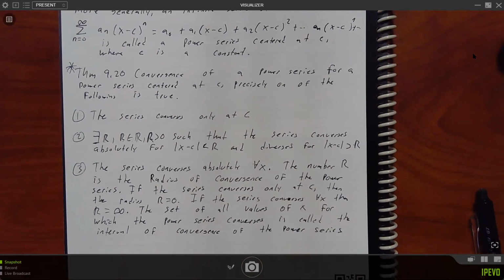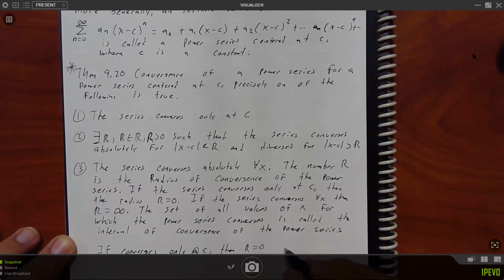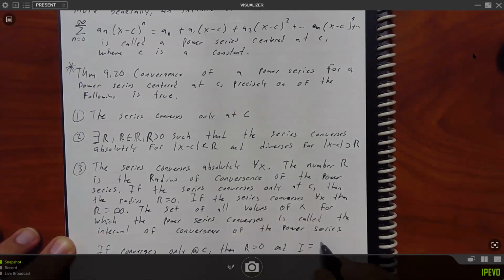To shorten up number 3, I guess I could say this, just so you can refer to it easier. If it converges only at c, then R equals 0, and the interval would be just that number, c.